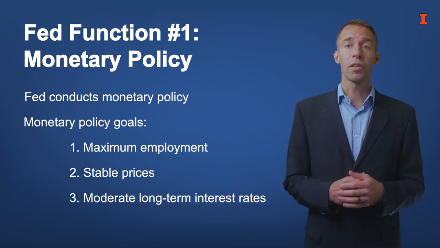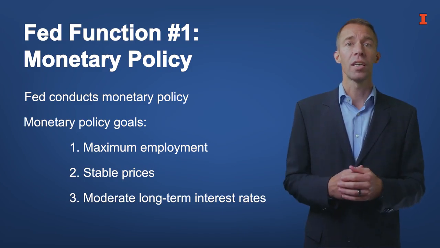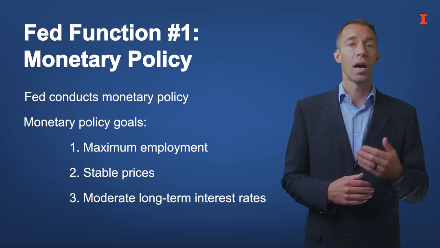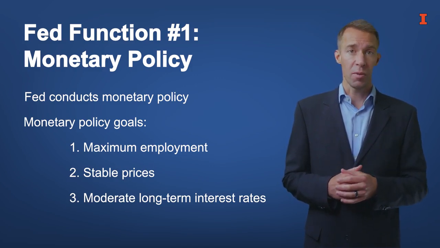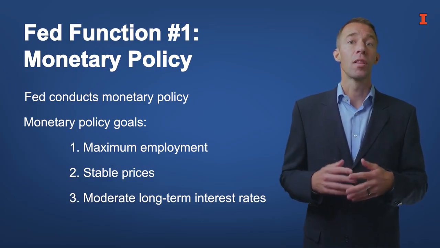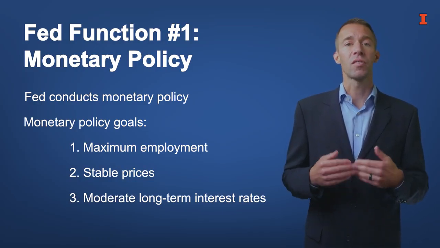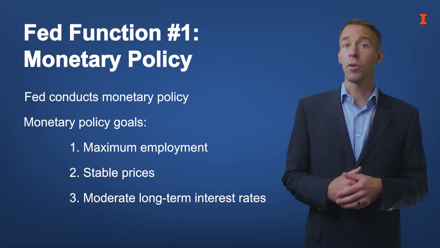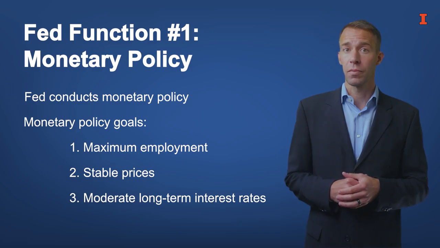Similarly, moderate long-term interest rates increase business incentives to invest. Under maximum employment, stable prices, and reasonable long-term interest rates, the belief is that there will be stable growth and a thriving economy. This is what the Fed hopes to achieve.